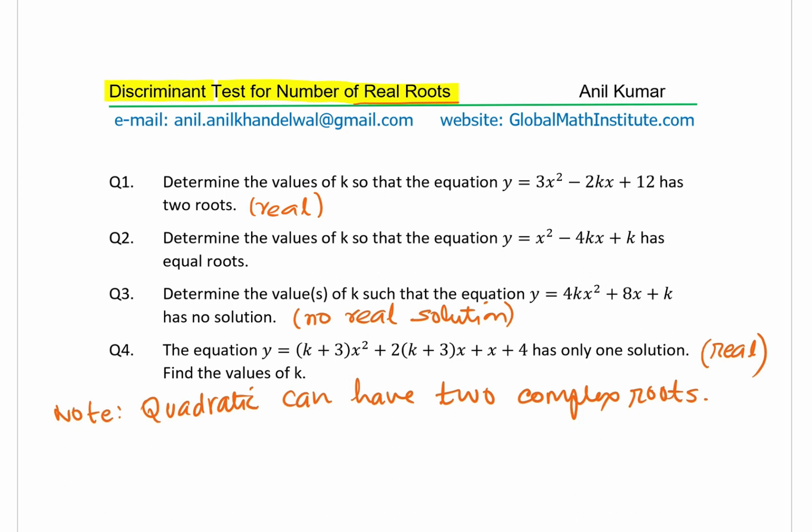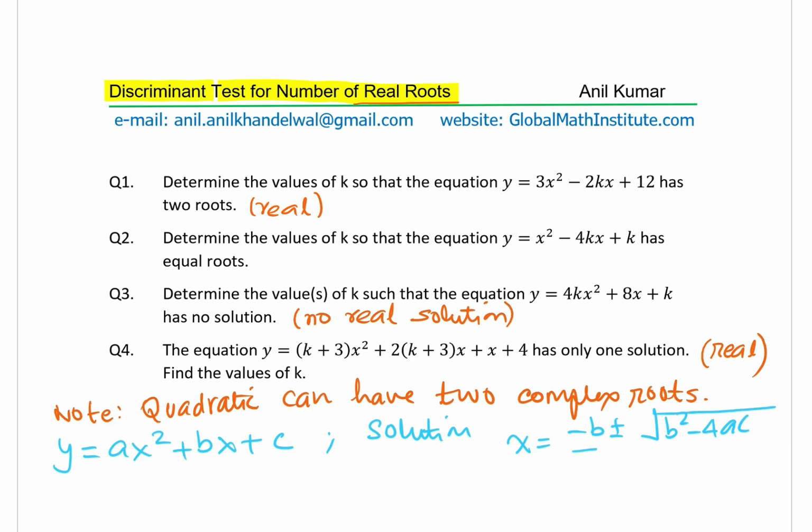So two more things to recall. If I have a quadratic equation of the form y equals ax squared plus bx plus c, the solution is x equals minus b plus or minus square root of b squared minus 4ac, over 2a.